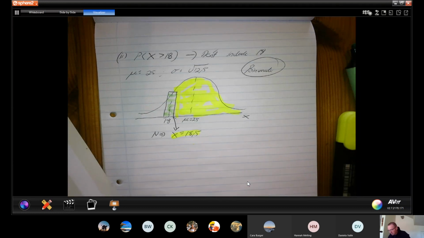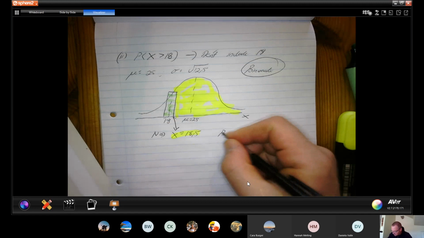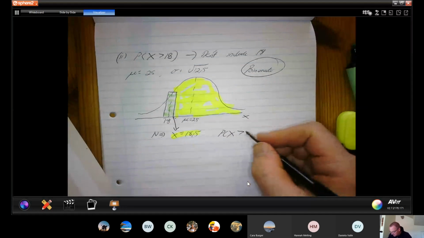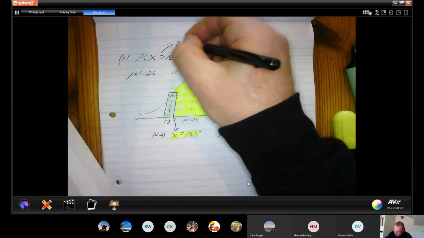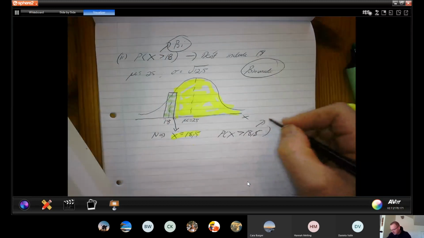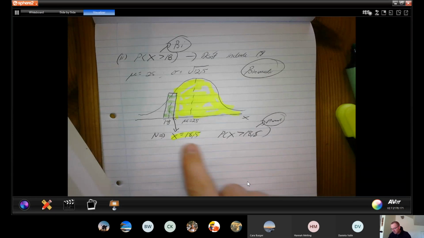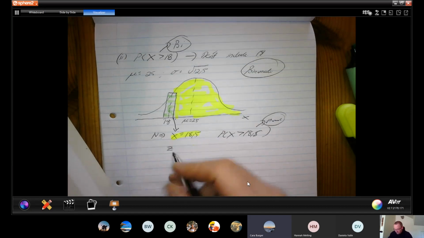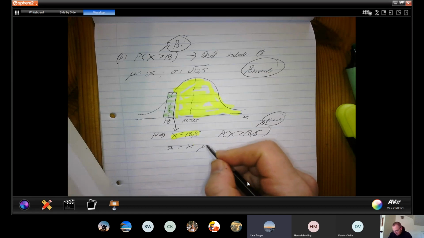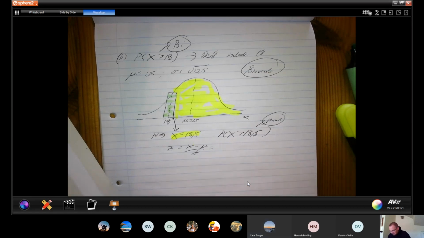So now we've done the hard work, and the question just becomes a normal distribution question. We want to figure out in normal language, what's the probability that x is bigger than 18,5. Bigger than 18 was the binomial language. This is now our normal approximation. This is what we call our continuity correction. So what do we have to go find now, Kara? The area. First, before the area, Z, you're right. Z score: Z is equal to x minus mu over sigma.